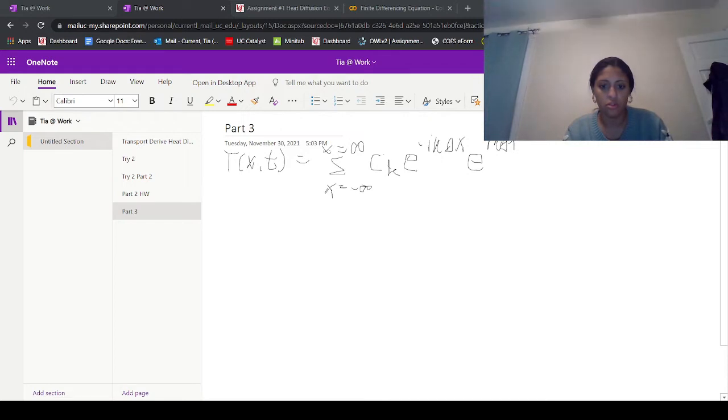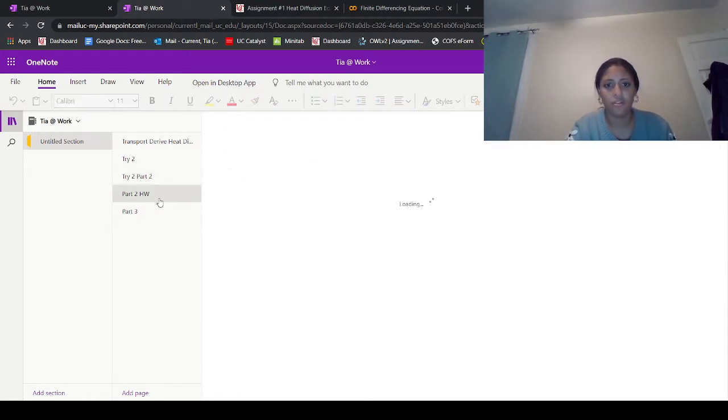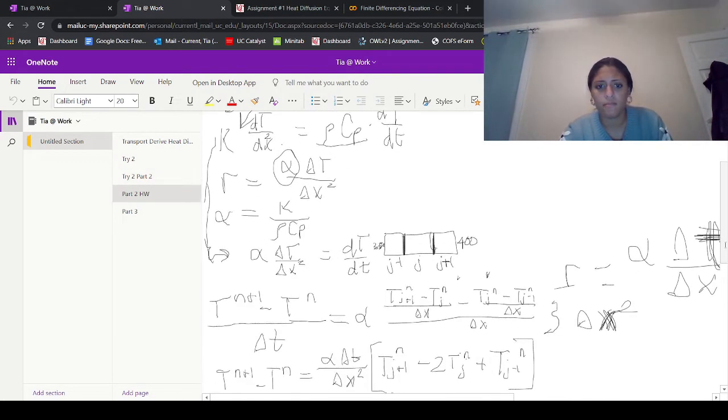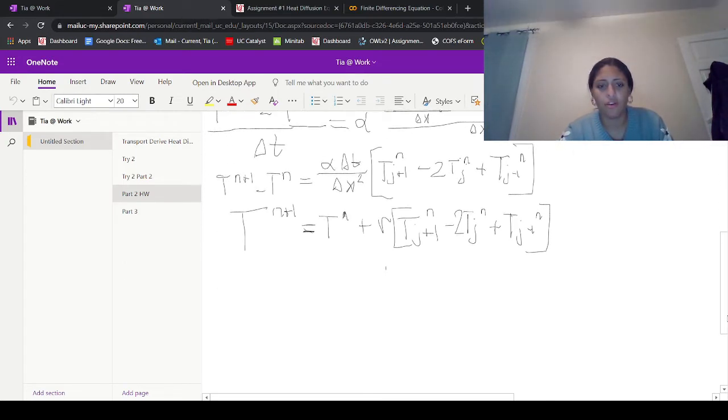So if I go to my work, let's see where I put it earlier. Yes, it is this one, but I have to zoom out. Okay, so we're going to be using that equation right there.